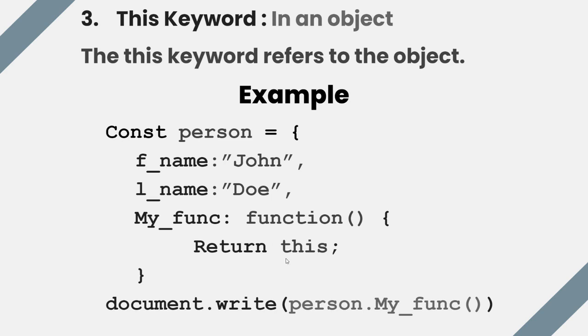So for this function, we made use of the second declaration, which is as an expression, which only has the function keyword, the parentheses with parameters if necessary, and also the curly braces. So this is an example of how the this keyword can occur within an object.